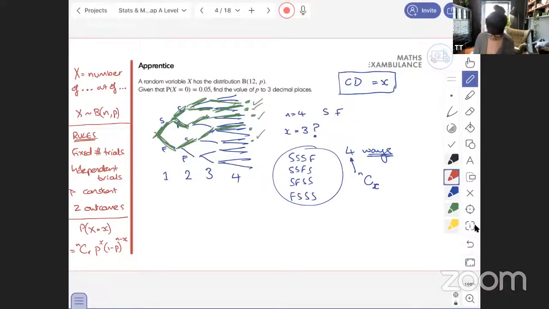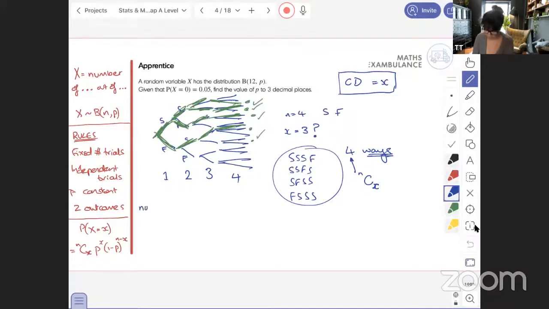I always forget to make it an x. N choose x. There are 4 different ways. So your structure of your equation of the probability is how many... well, you tell me, make up an n and make up an x.